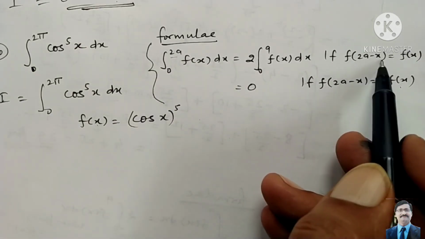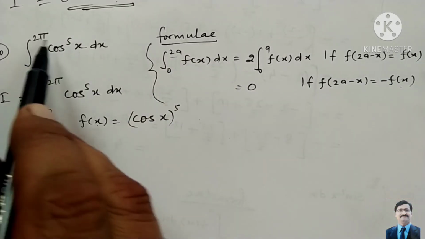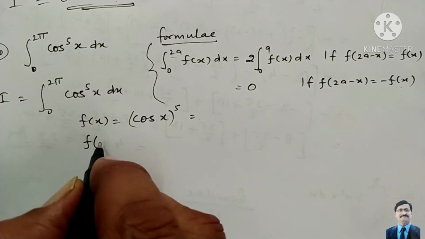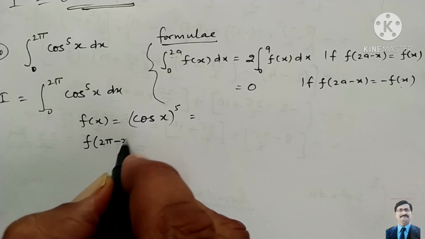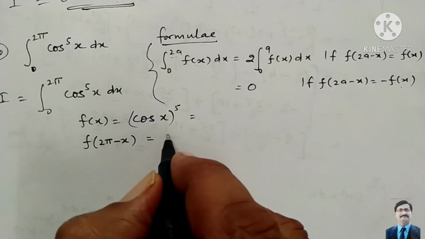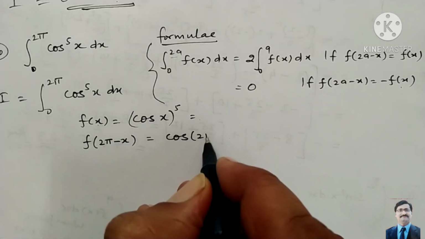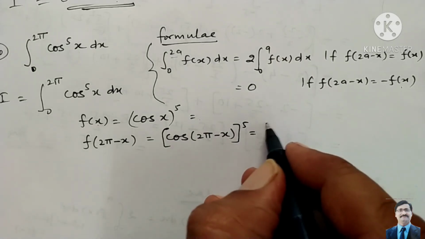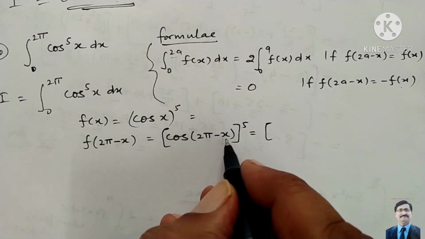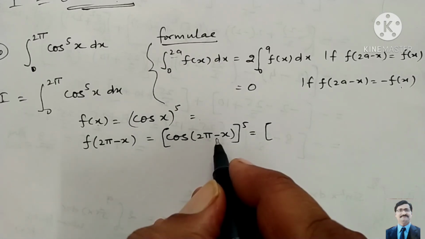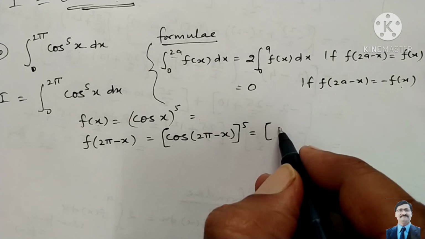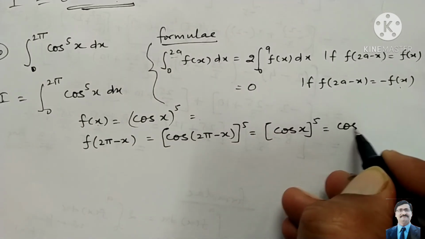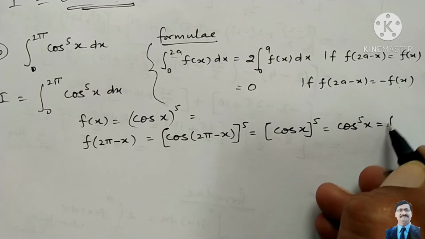What we do is 2a − x, that is 2π − x, in place of x. So here we can write cos(2π − x) to the power 5. Okay, and cos(2π − x) is in the fourth quadrant, where cos is positive, so we can write cos x to the power 5, that is cos⁵x, and this is equal to f(x).